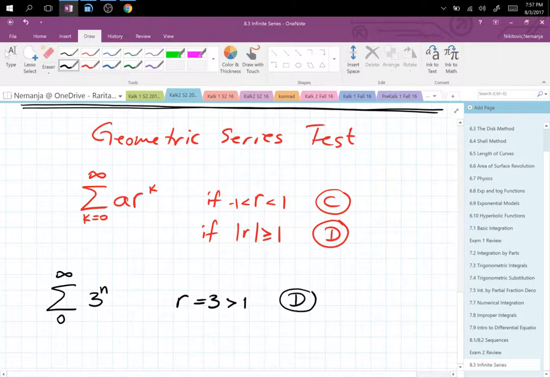That's it, right? You will say diverges by geometric series. You don't have to write the word test. We write down DFT. You can if you want to. Fine.